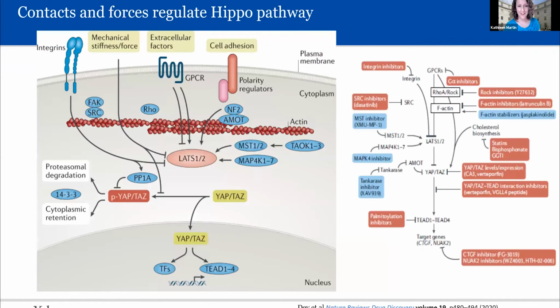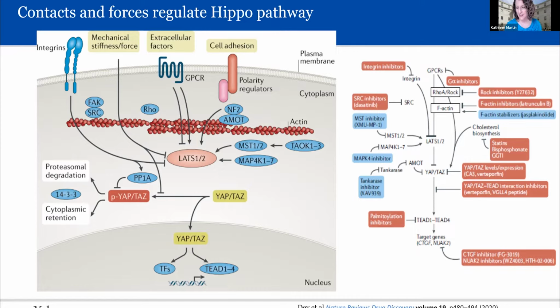So, yet another schematic of the Hippo pathway. I wanted to include this because it shows some of these upstream inputs, such as integrins, mechanical stiffness and force, G protein coupled receptors and their ligands, and cell polarity regulators, all of which can feed into this kinase cascade that ultimately regulates whether YAP and TAZ are localized to the nucleus, where they can cooperate with TEAD to drive pro-proliferation transcription factors.